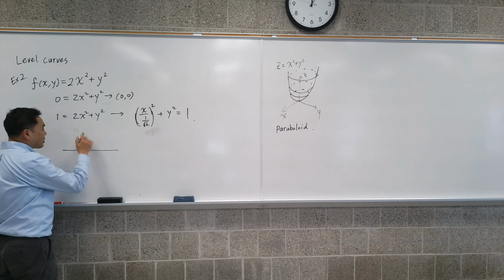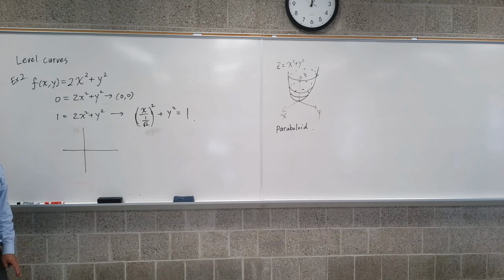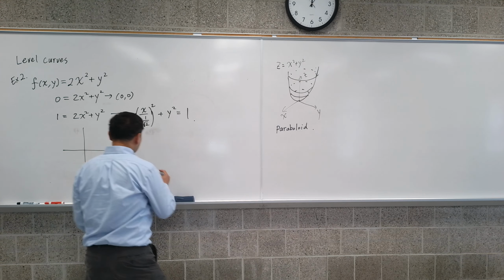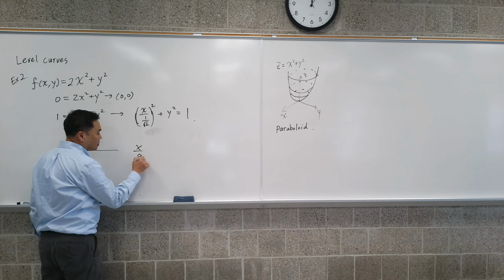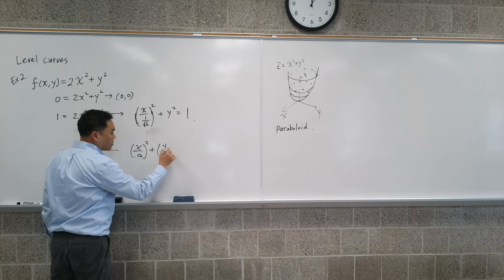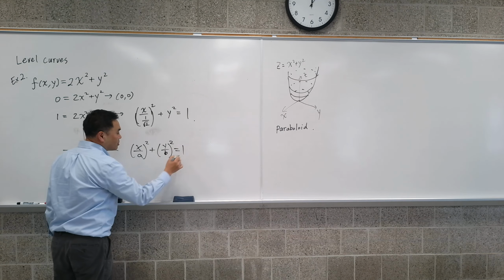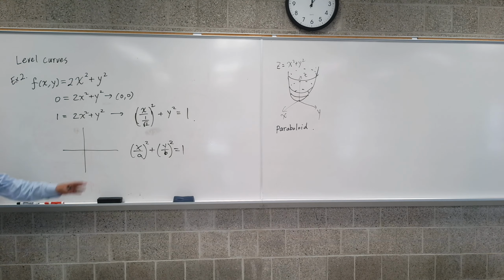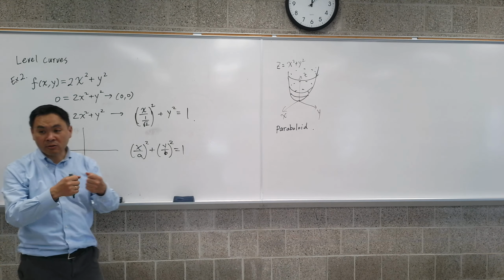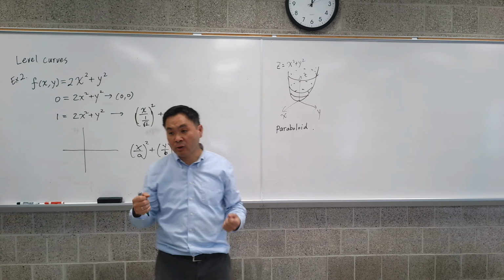And we talked about the conic sections before, and this is how it works. Dividing by a number will expand the graph by that amount. It will either stretch or shrink the graph by that amount.